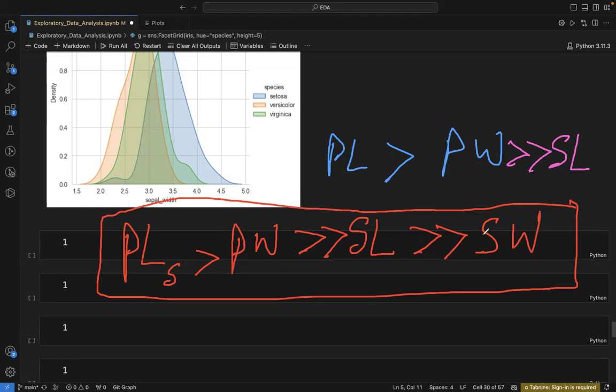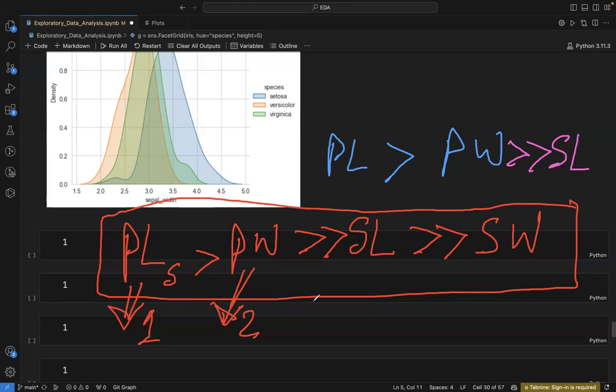So if I have to pick one feature out of these 4, I would pick this petal length. Now, if I have to pick 2 features, I will probably pick petal length and petal width. These 2 features I will pick first.